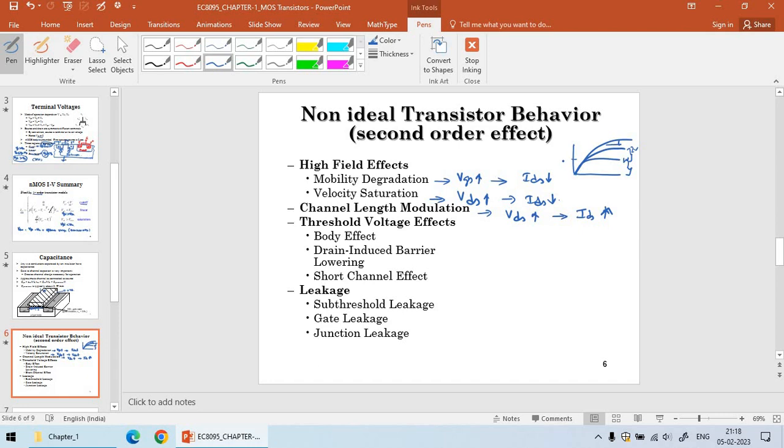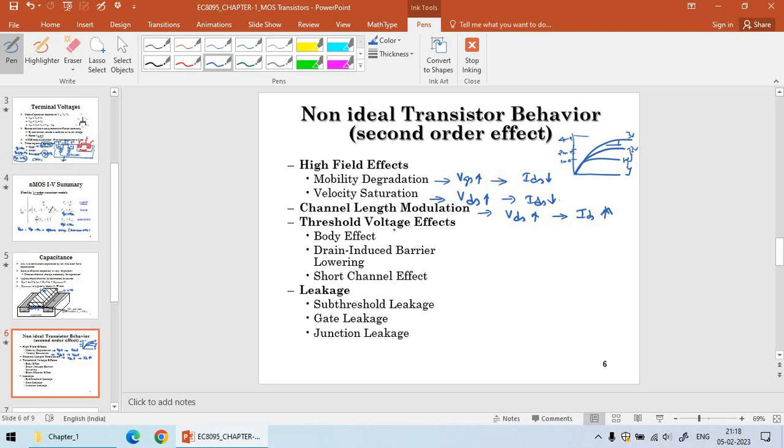We assume it is going to be some 1 milliampere, and here it is 2 milliampere. If you increase the gate voltage still further to 3 volts, the current may be like 4 milliampere. So if you increase the gate voltage step by step, the current variation will not be equal at the drain side. That is the problem caused by all these high field effects and channel length modulation.